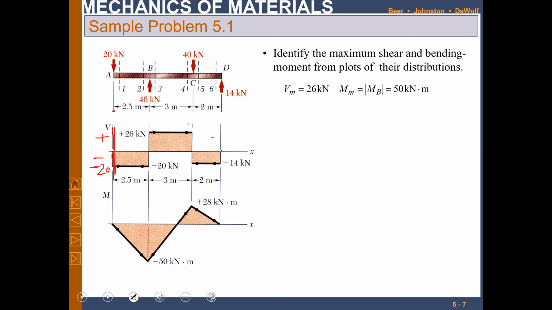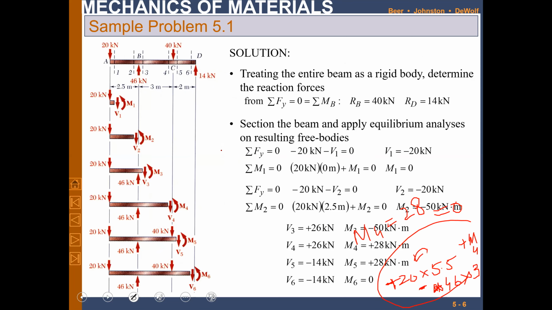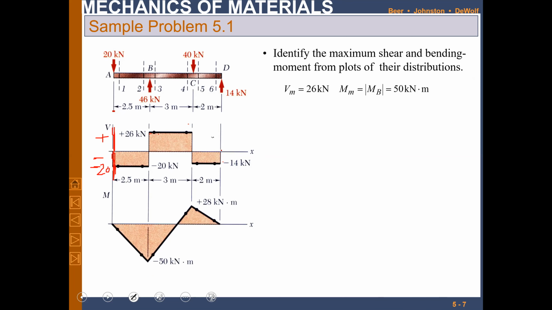What will be the moment now? The moment will be 0 here, and then the moment will be minus 50 kilonewton-meter, right? It will start from 0 and keep changing up to minus 50 over here.